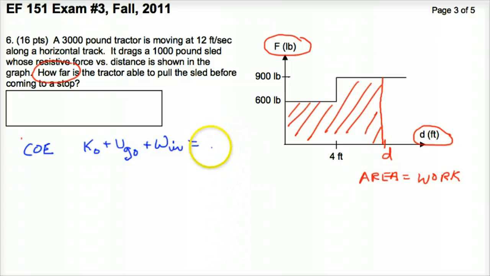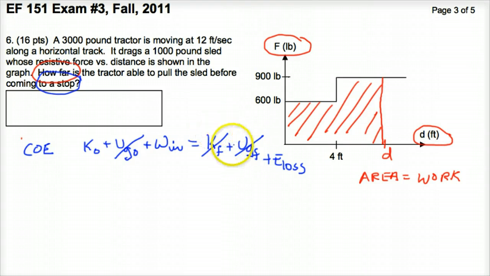Okay, and it's going to be final kinetic energy plus final gravitational plus E loss. Okay, so we set a horizontal track. Those are both 0. Coming to a stop. That means our final kinetic energy is 0.